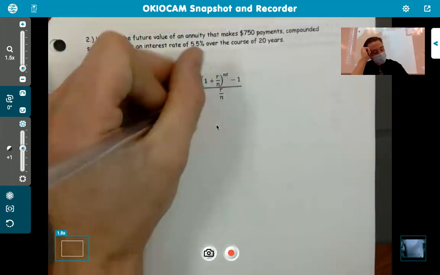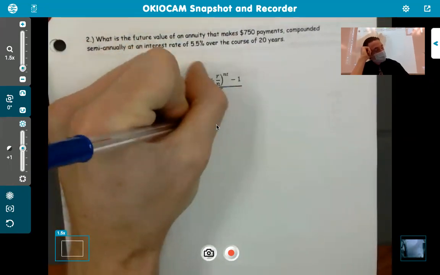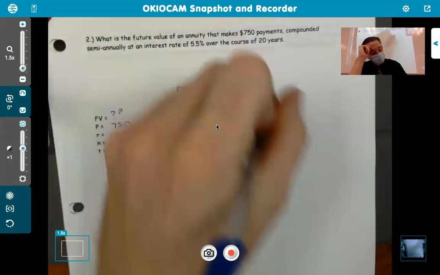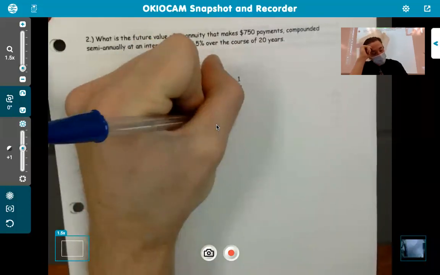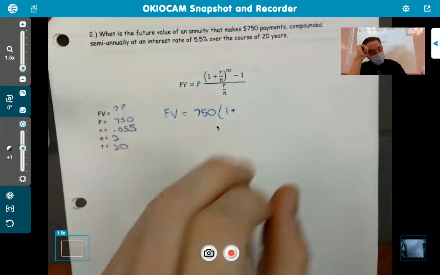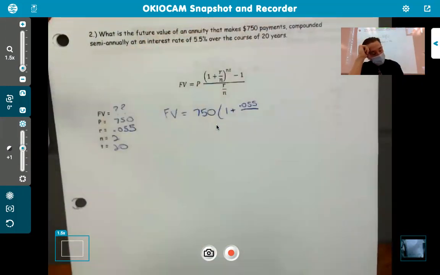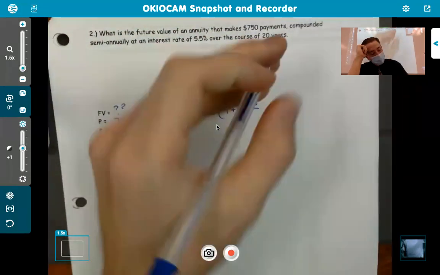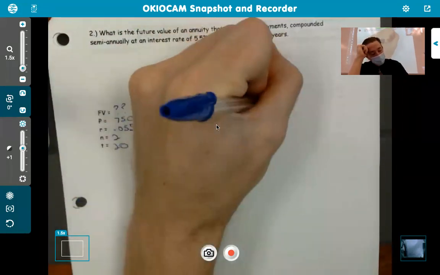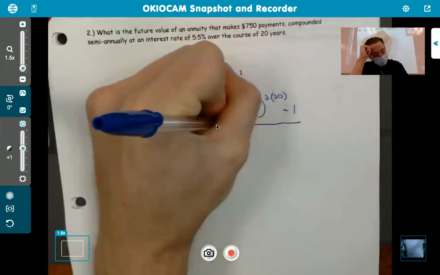Okay. Now we're going to plug those values in. So I have 750 times 1 plus the rate 0.055 divided by the number of times, which is 2, raised to the 2 times 20 power minus 1.